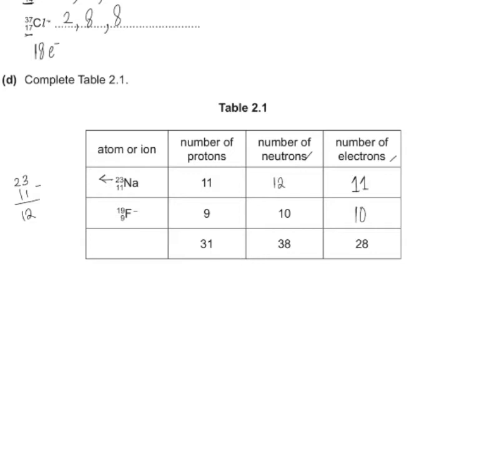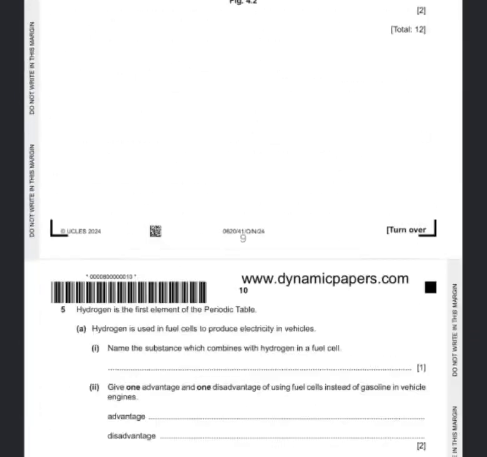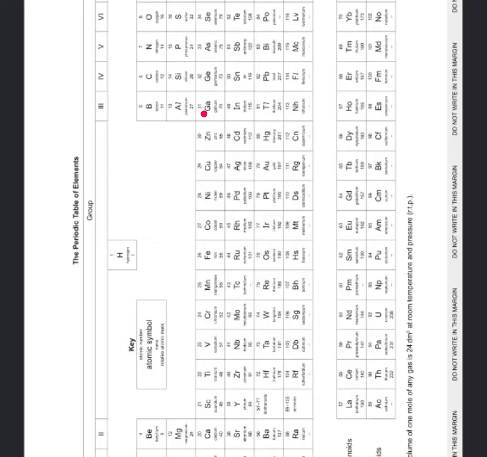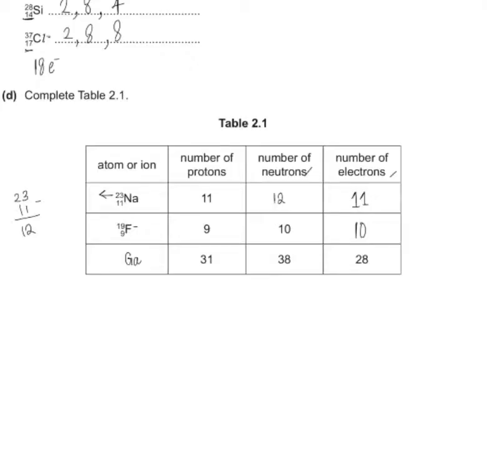Now, a very easy way is to go to the periodic table. Number of protons is 31. Where do we see 31? 31 is Ga, gallium. To find the number of nucleons, we add protons and neutrons. 31 plus 38, you get 69. 69 on top.